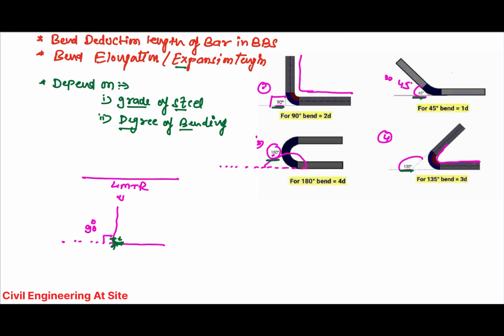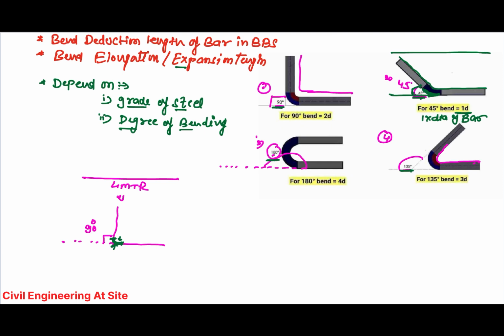If you are making a 45 degree angle, this is your straight bar, the angle will be measured from this side. So the length will be increased here due to stretching by 1 into d, 1 into dia of bar.